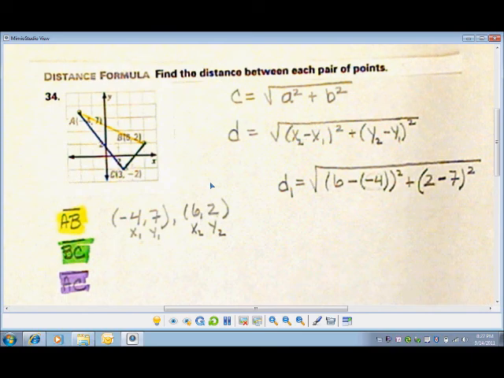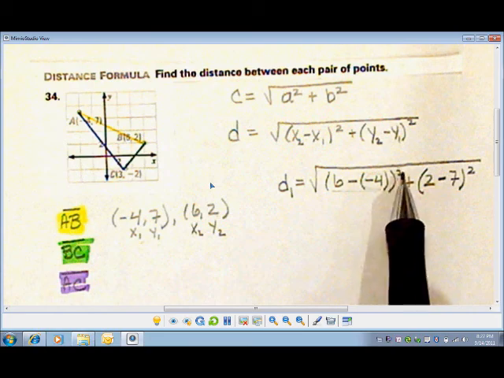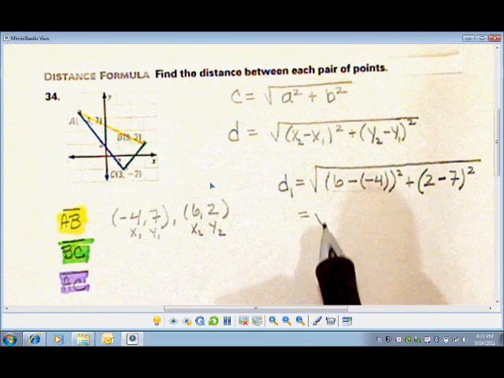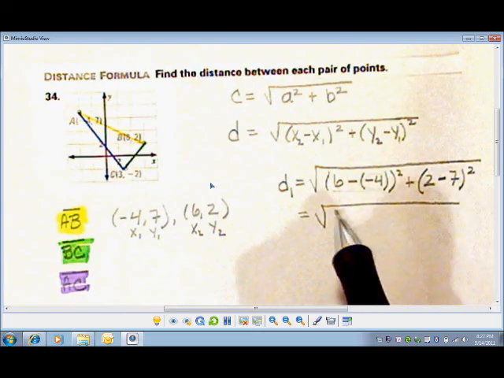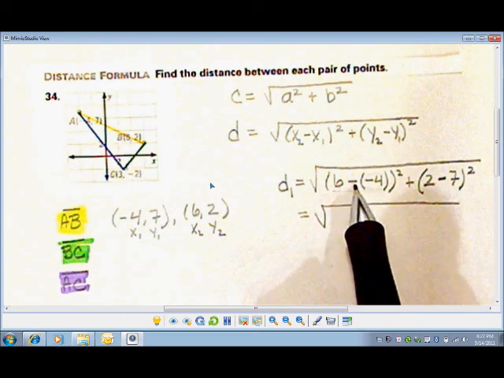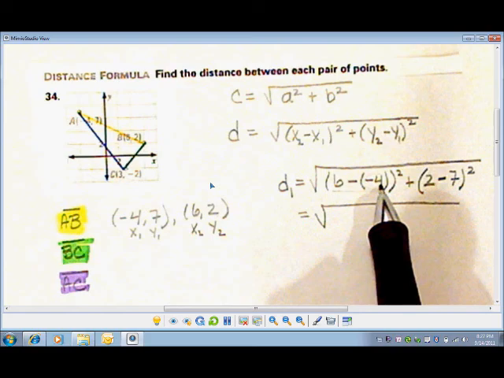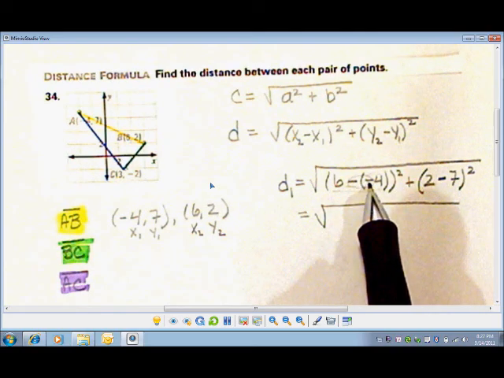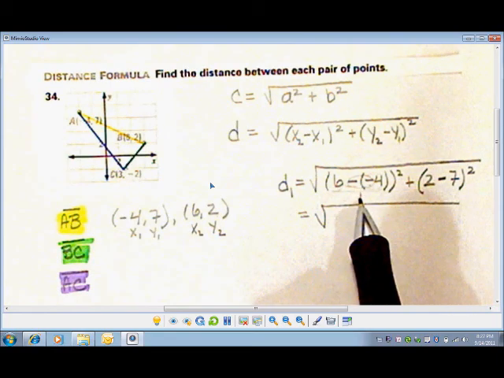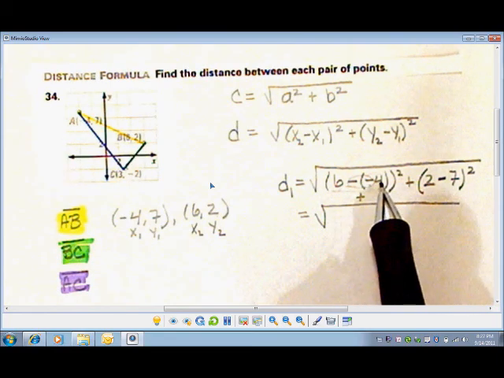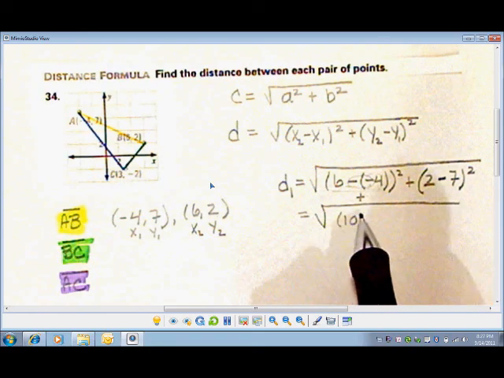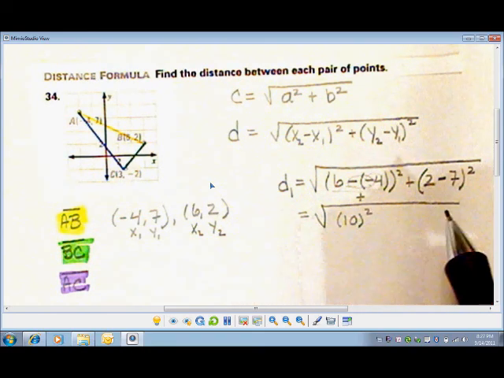Okay, now according to PEMDAS, I have to do what's inside the parentheses first before I can do the exponent. So that means I have the square root. 6 minus negative 4. Well, this turns into a plus because a negative times a negative is a positive. So that's going to be 6 plus 4, which is 10. I'm going to keep that parentheses there. We'll see why on this side over here.